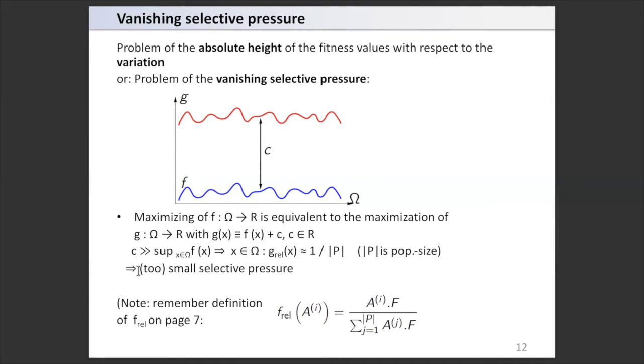So this means too small a selective pressure. Remember the definition of the relative fitness value. This is the fitness of the individual divided by the summation of the fitnesses of all individuals in the population.